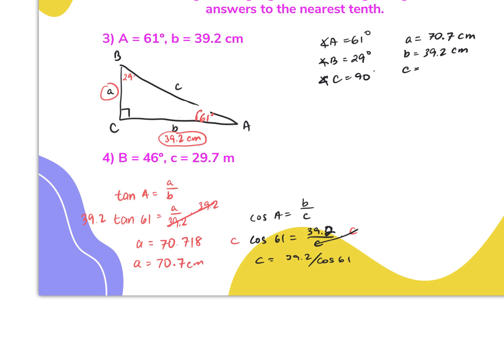I'm going to do 39.2 divided by, and then be very careful, I'm dividing by the cosine of 61, and I should get that it is approximately equal to 80.856, and since I have to round to the nearest tenth, it's 80.9. And so 80.9 centimeters. Again, notice that I've identified my units of measure, which is important. Notice my hypotenuse is the longest side, which should be the case. And again, notice that I've identified all my angles with degree measures.